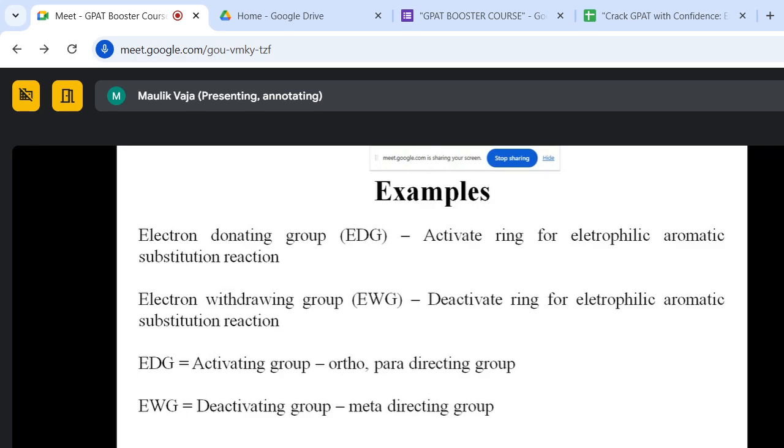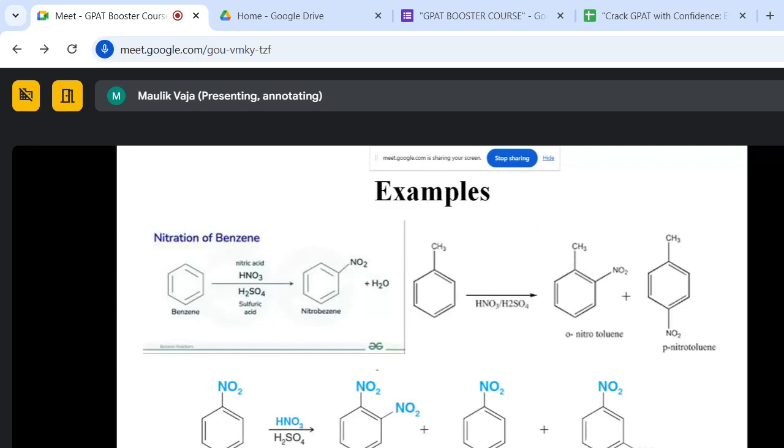So how to identify electron donating and electron withdrawing group? Just remember these two examples: CH3 is electron donating group and NO2 is electron withdrawing group. In CH3, the directly attached atom is carbon and the neighboring atom is hydrogen.